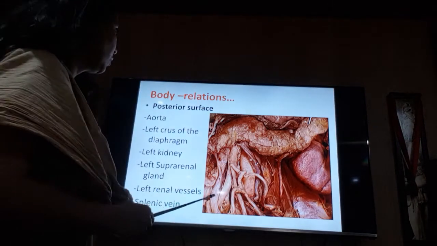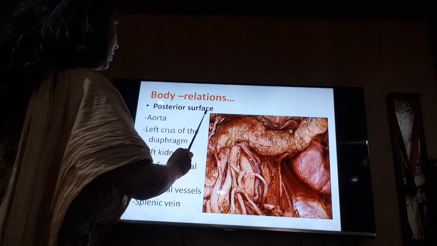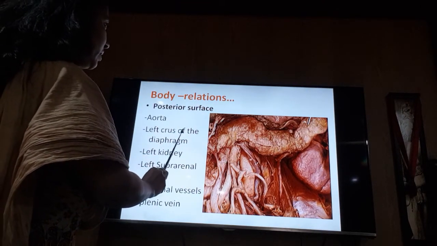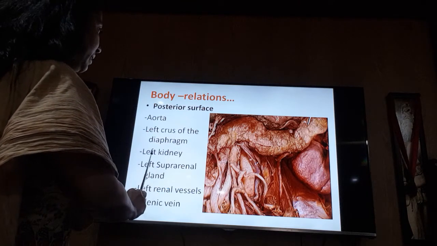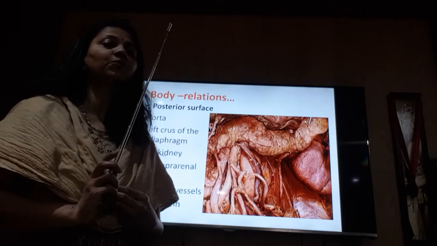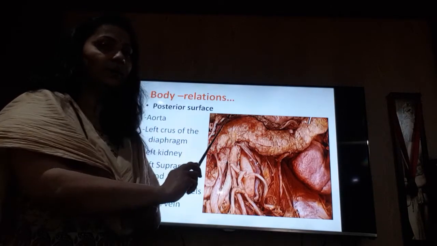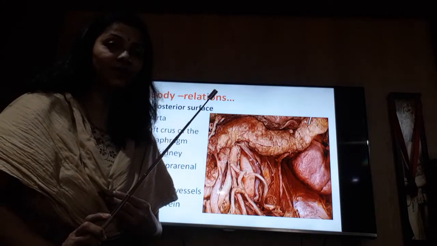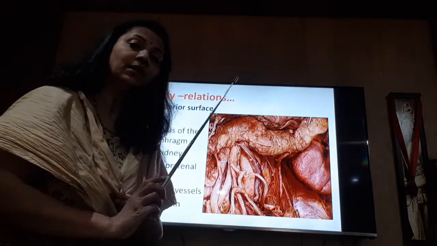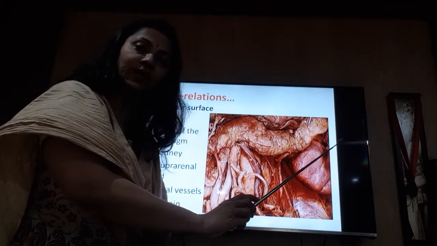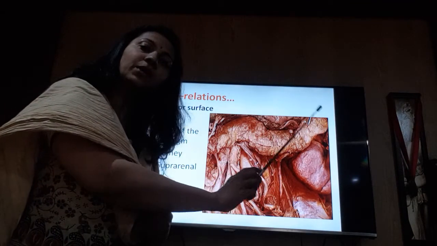So now first of all, posterior surface of body. It is related to aorta, left crus of diaphragm, left kidney, everything is left. See, every structure which is present on the left side is on this because on the right side was the head of pancreas. Then came the neck of pancreas. And now the body is going towards the left side, towards the tail and the spleen, isn't it?